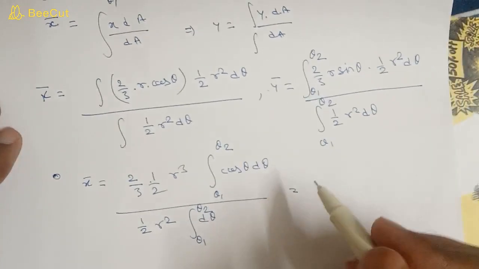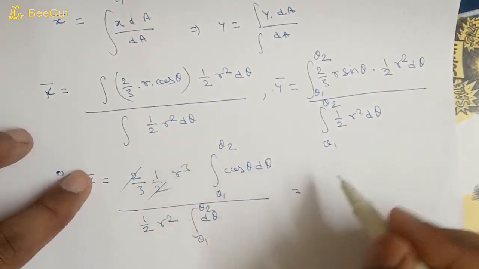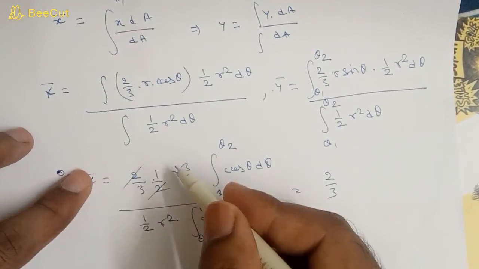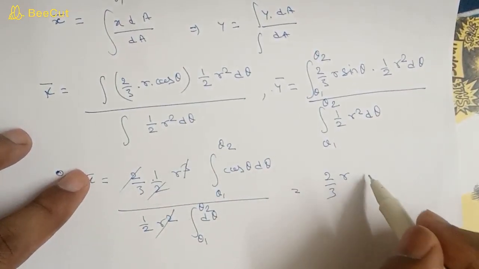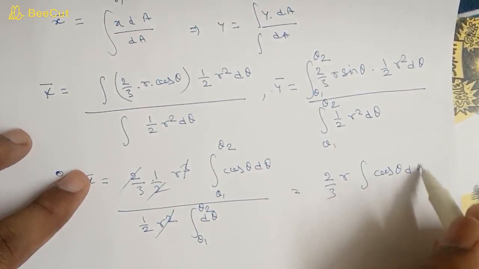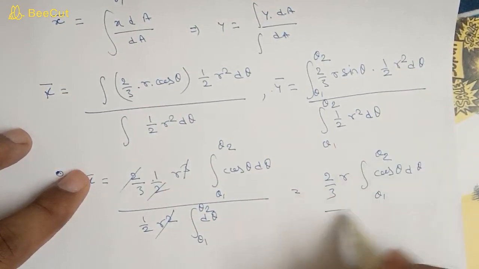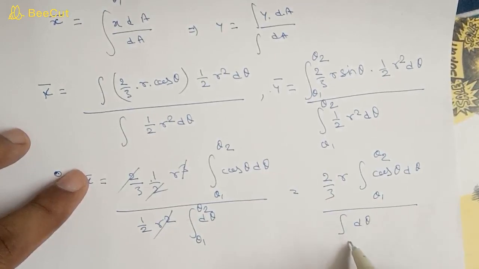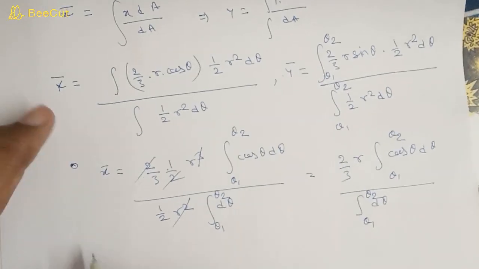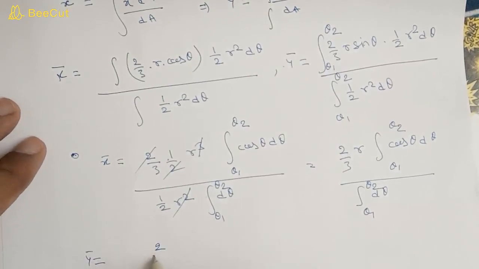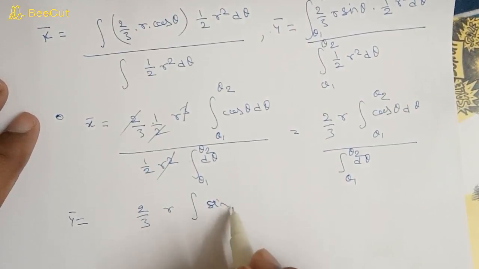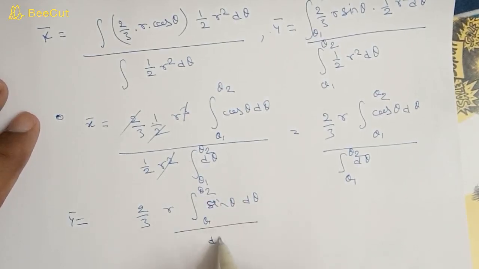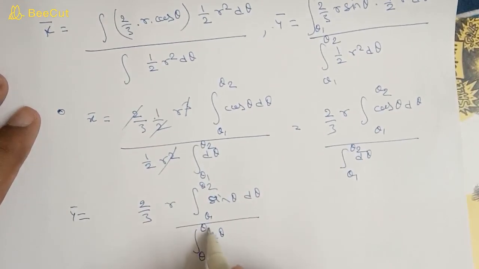The half will eliminate itself, and r square will cancel. So x bar is 2 by 3 r times integral of cos theta d theta from theta 1 to theta 2, divided by integral of d theta from theta 1 to theta 2, and y bar will be similarly 2 by 3 r times integral of sin theta d theta from theta 1 to theta 2, divided by integral of d theta from theta 1 to theta 2.